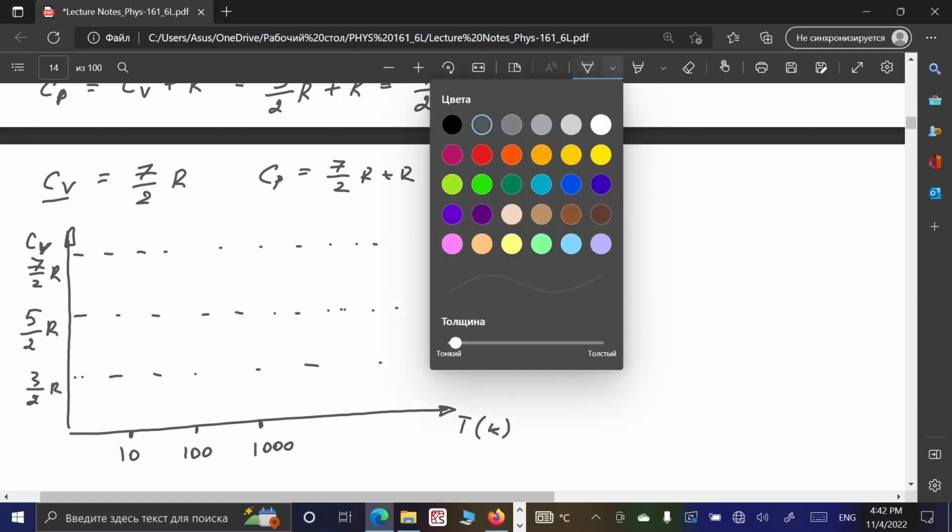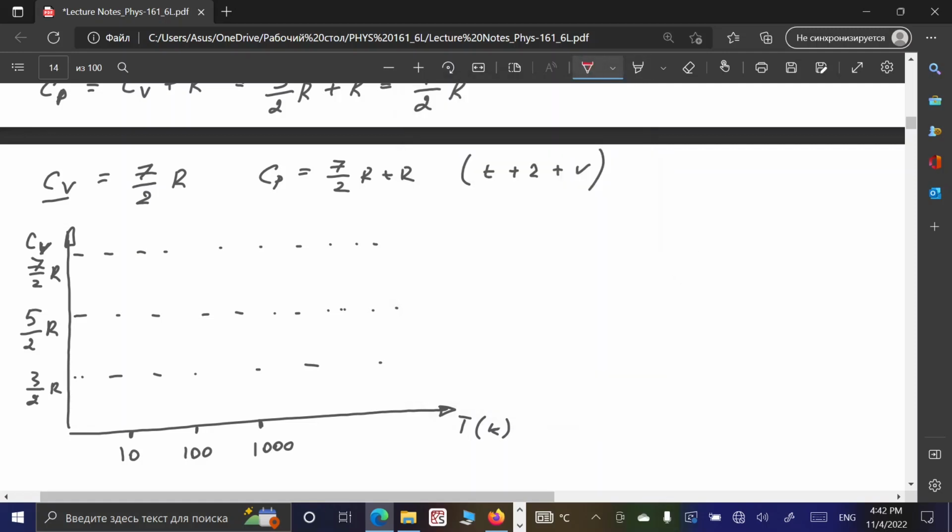Let me change the color of our pen. And at low temperature, up to something like 100 Kelvin, any type of motion besides translational will not be activated. So the thermal temperature is too low.